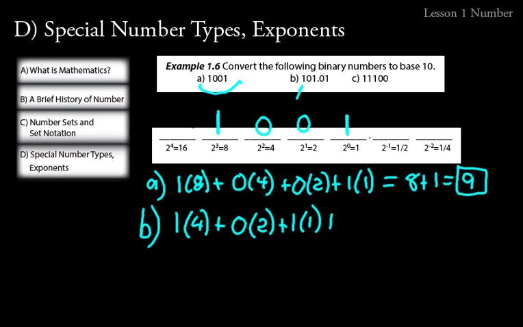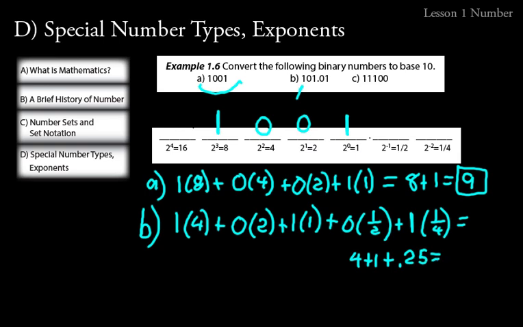And then plus 0 times 1/2, because 2 to the minus 1 is 1/2, plus 1 times 1/4, or 0.25. So then we end up with 4 plus 1 plus 0.25, which is 5.25.